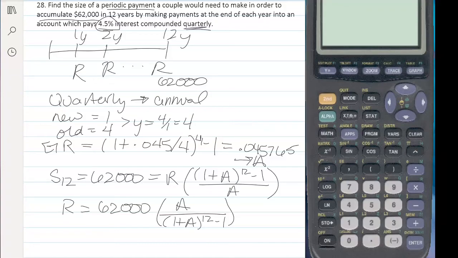Same process. When you plug that in your calculator, you should get $3,991.66 for your R.